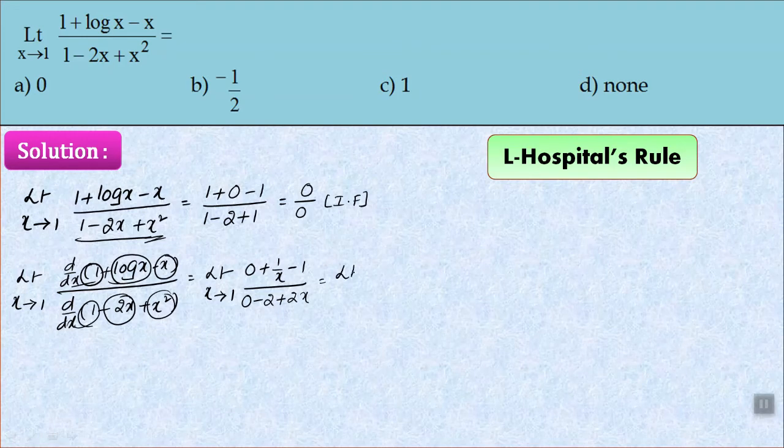This equals limit x tends to 1 of (1 by x minus 1) divided by (minus 2 plus 2x).